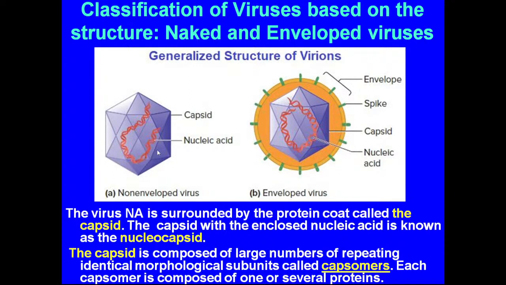So the capsid is the protein coat, and it is made up of repeating identical morphological subunits that are called capsomers here, right? And each capsomer may be composed of one or several proteins.